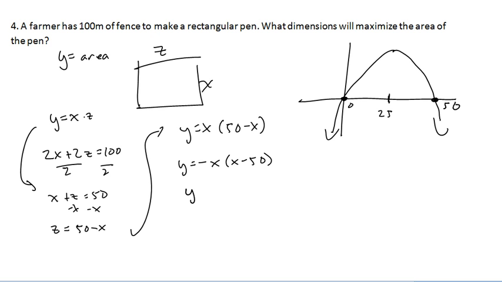So our maximum will be y equals negative 25 times (25 minus 50). And that gives us y equals 625.